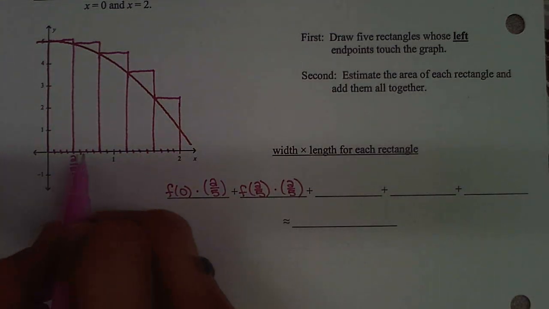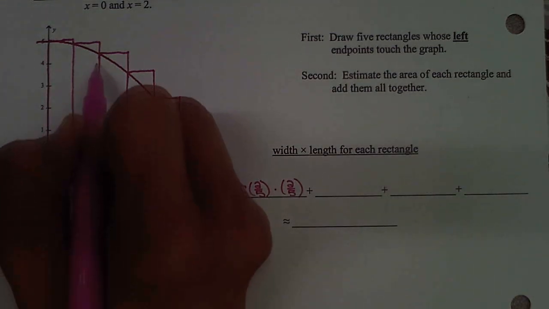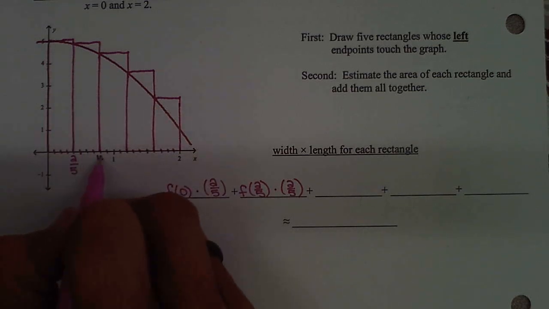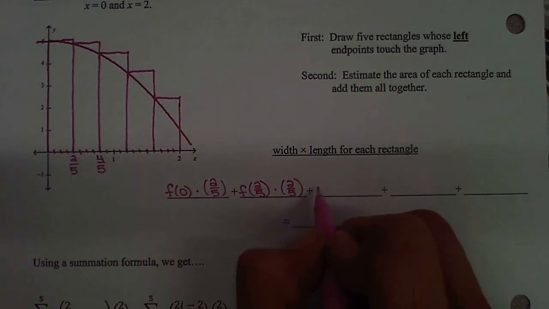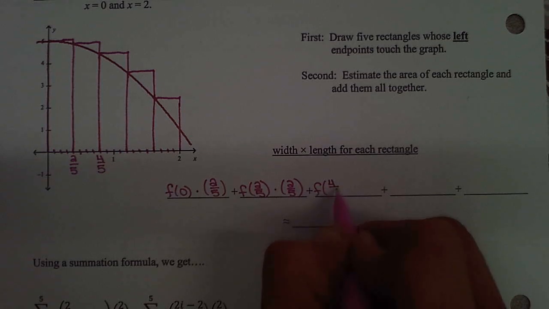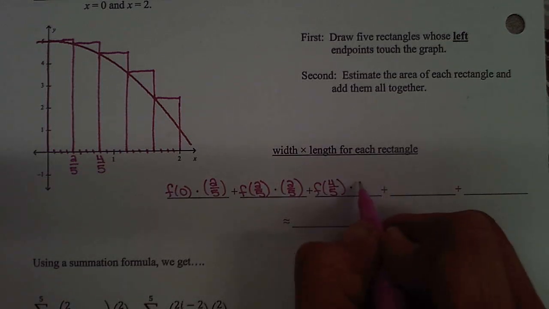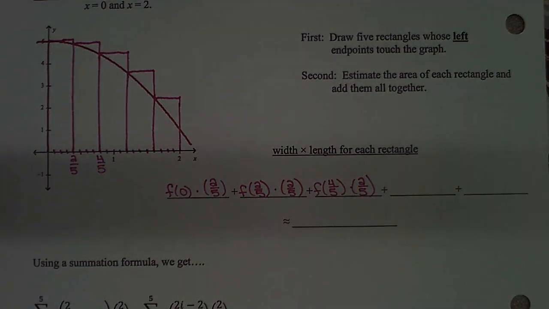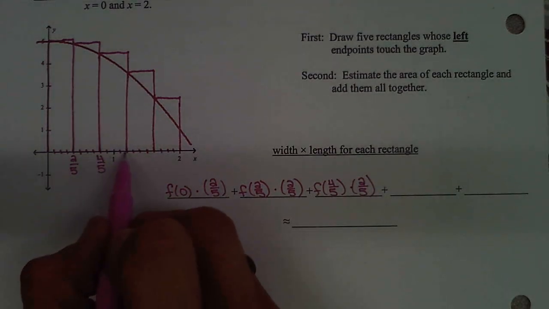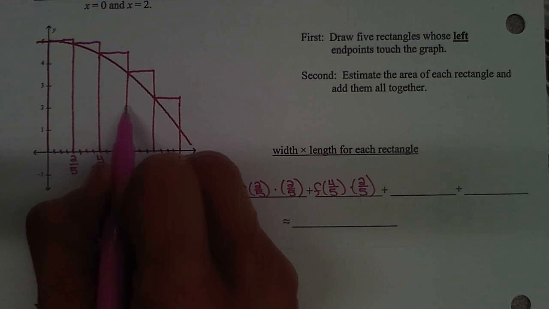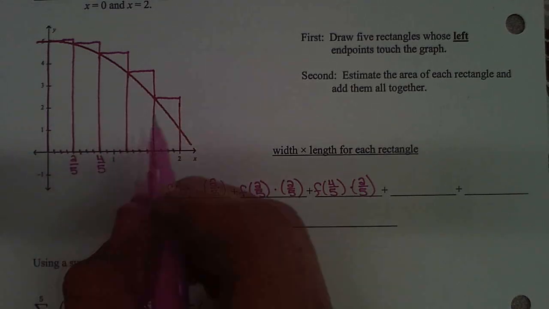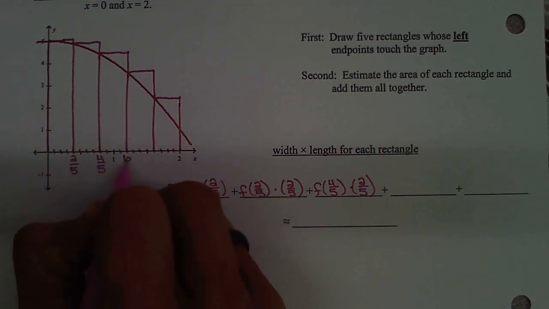The third rectangle, we're getting the height from whenever we plugged in this 4/5. So f of 4/5 times the width of 2/5. The next one is whenever we plugged in this value here of 6/5.